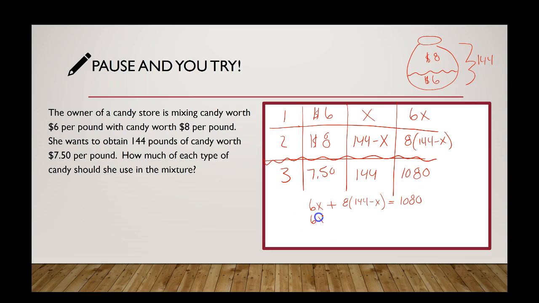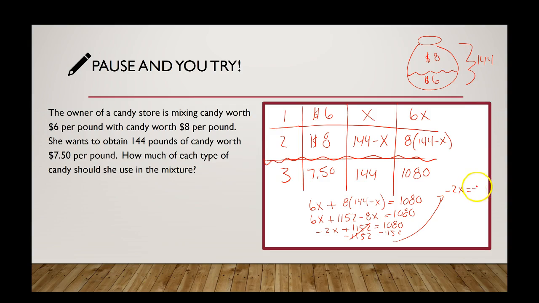So this is 6x plus, go ahead and distribute, 1152 minus 8x. Now 6x minus 8x is negative 2x. Subtract the 1152. I'm going to move over here. So you have negative 2x equals 1080 minus 1152.